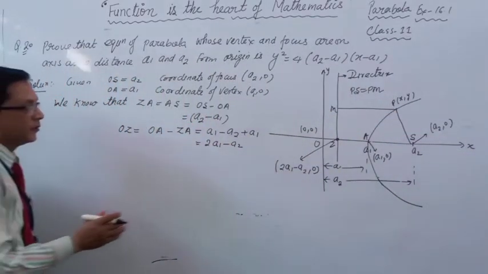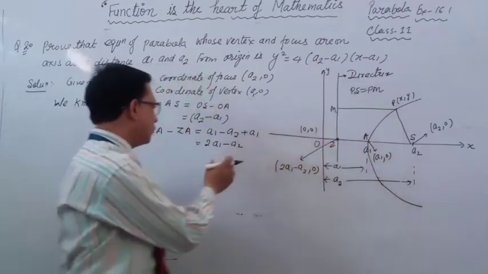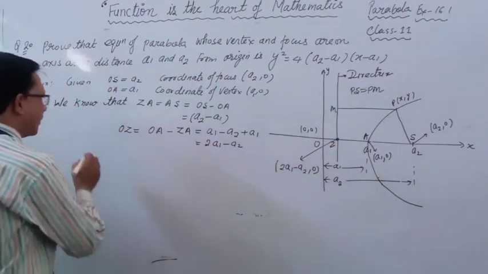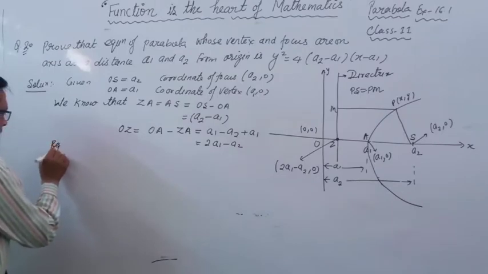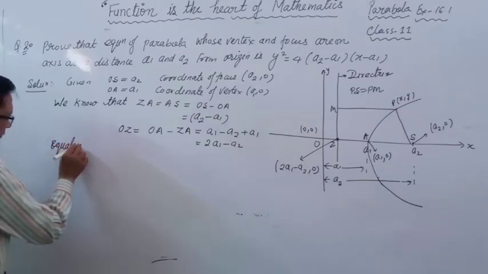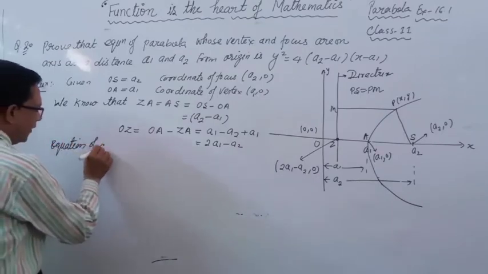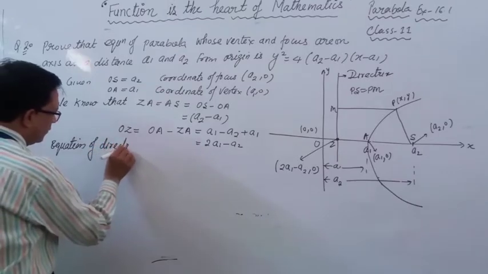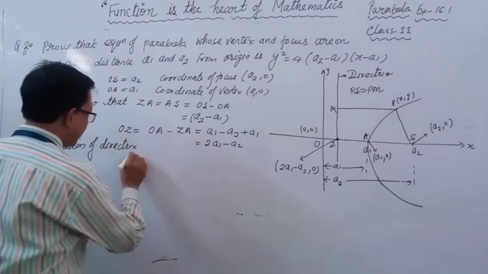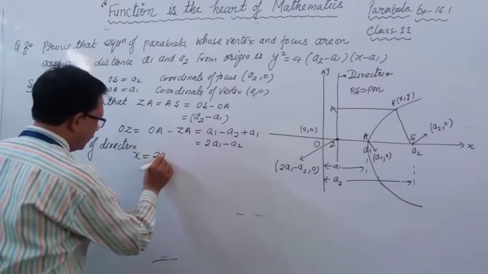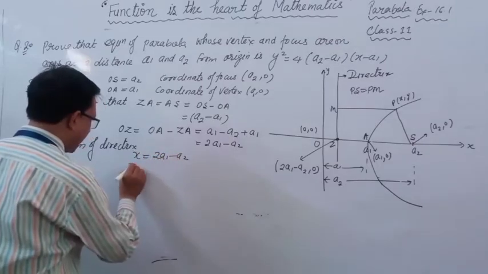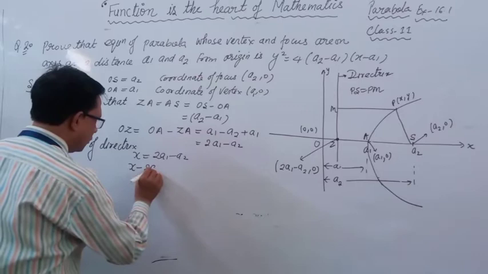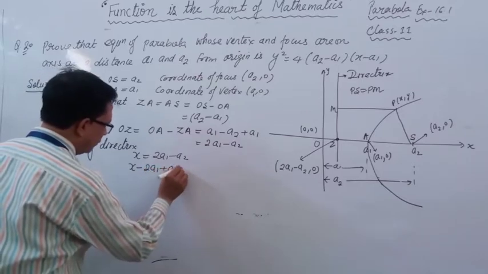And student, this is your directrix. So from this point we can write the equation of the directrix: x is equal to 2a1 minus a2, or x minus 2a1 plus a2 is equal to 0.